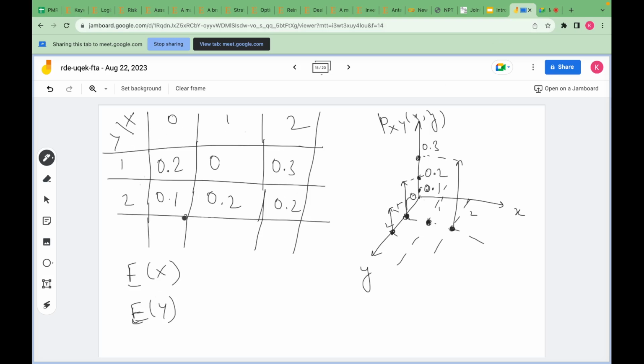So from here, we are given the joint probability mass function.